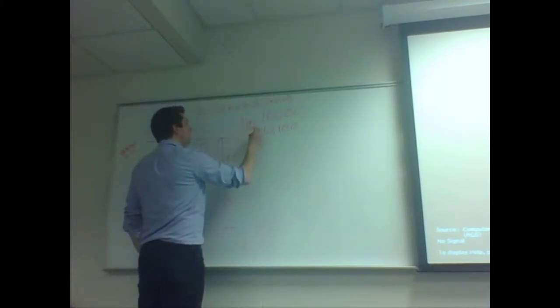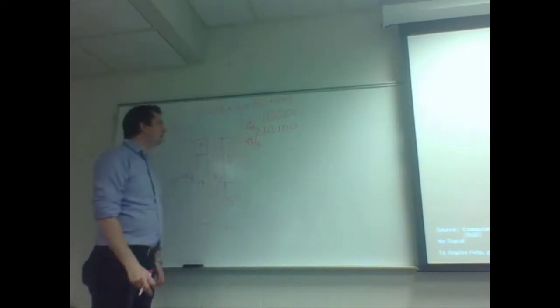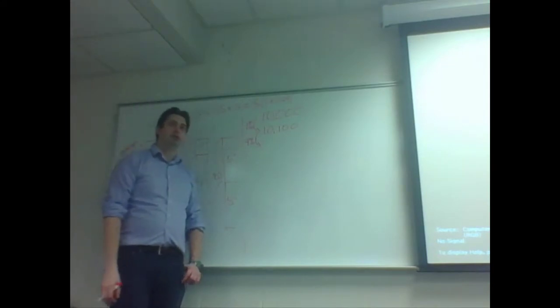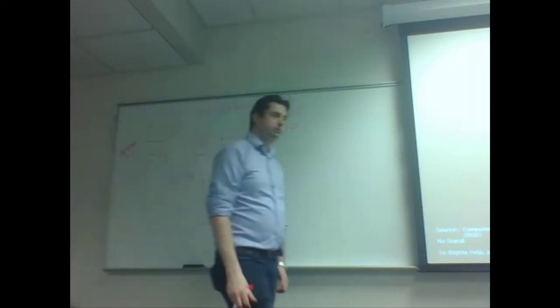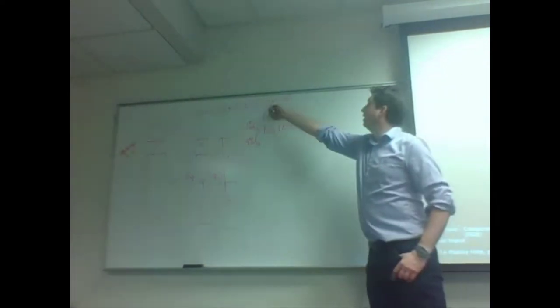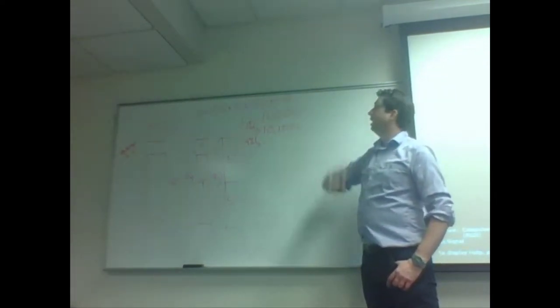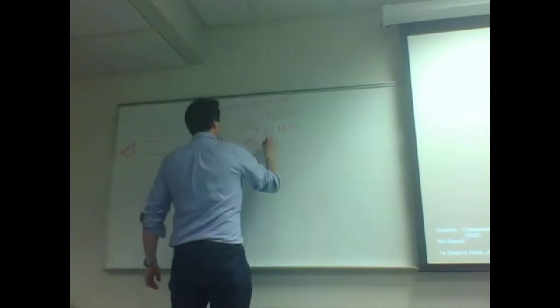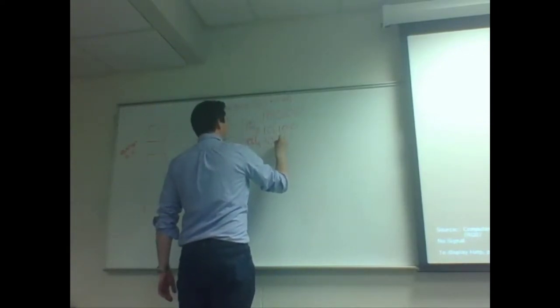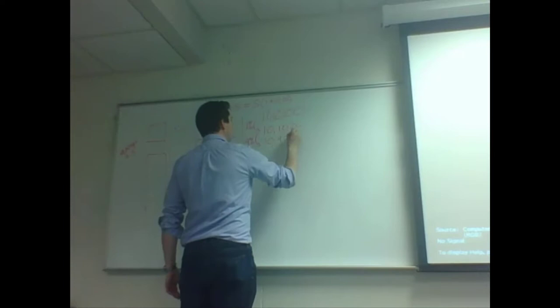Let's imagine that I have a 9% growth rate on that. How much money do I end up with? I'm going to take that value of 10,100 and multiply it by 1 plus 0.09. $10,909.